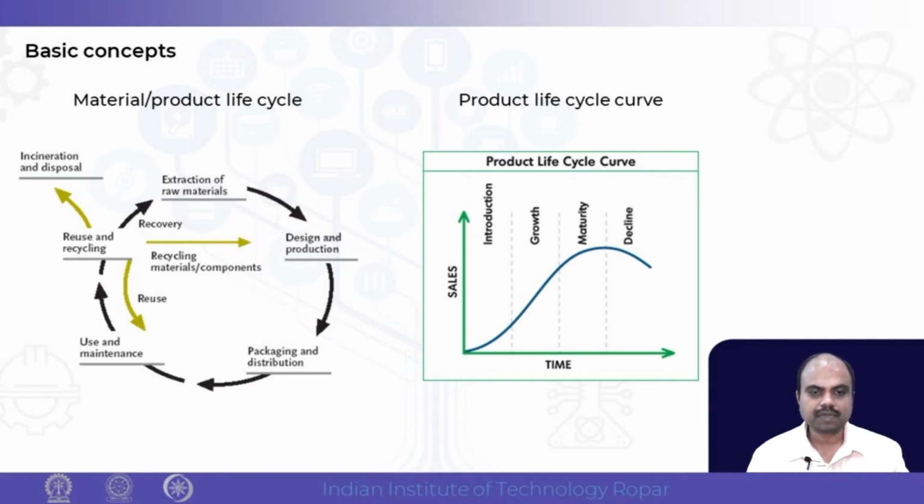One important thing is sustainability, which we will learn in this course later, and sustainability is extremely important because whatever we do today is going to affect not only us but our next generation also.